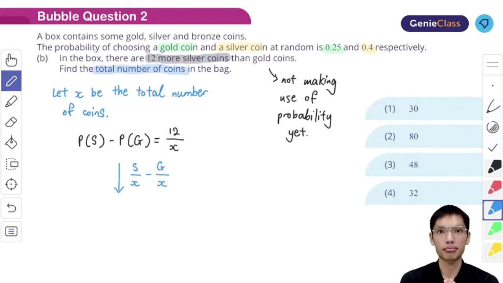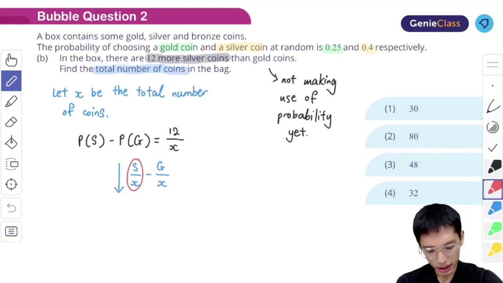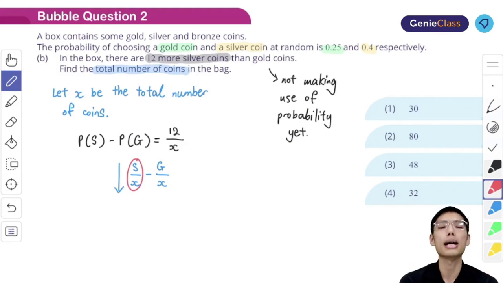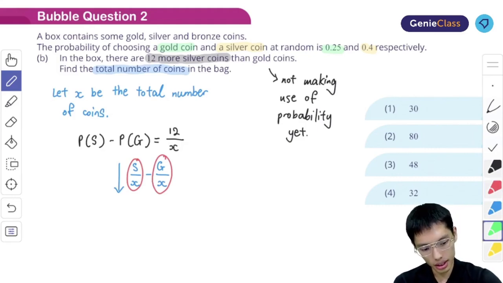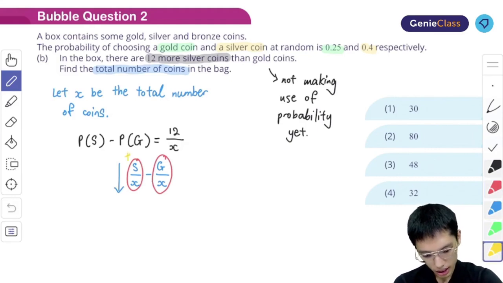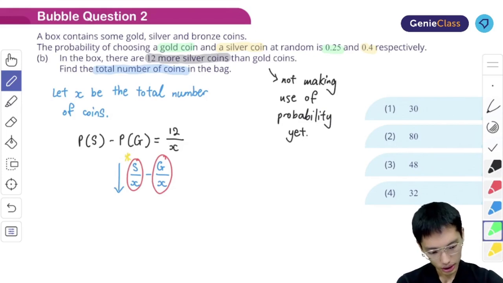Translating this, take note, this is the probability. We do not know the number of silver coins. We do not know the number of gold coins, but this is given to us. Take note, this is essentially the yellow color one. This is essentially the green color one.